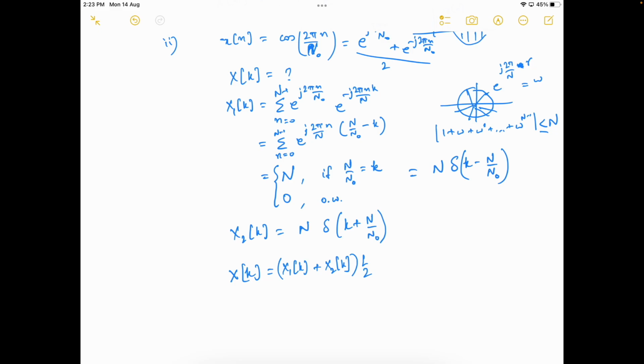Let's say k is something, N upon n naught. N upon n naught will always be less than capital N, so that minus k cannot be larger than capital N. Good question. So think in this way, and then you can understand how we plot it.